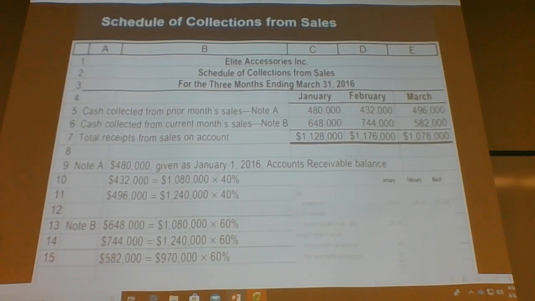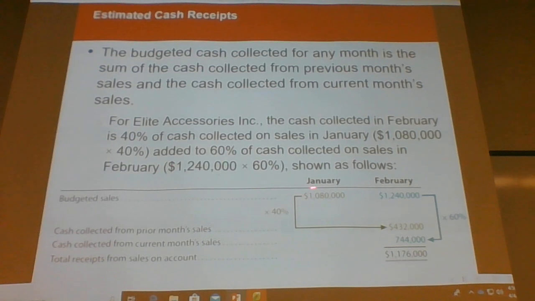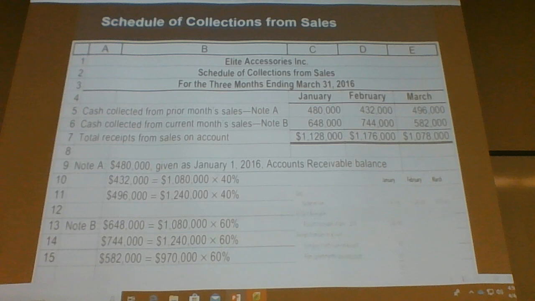The other part of the January cash collections, 648,000, comes right here. If we recall, and I'm going to go back to right there, we said that January was $1,080,000. And if we multiply it by 60%, because we said that for any given month, we're going to collect 60% of the accounts receivables in that month, that comes out to 648.